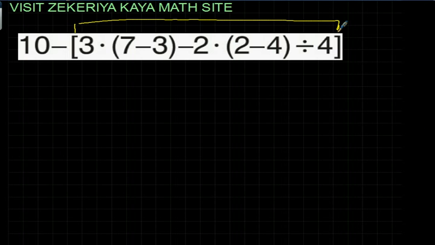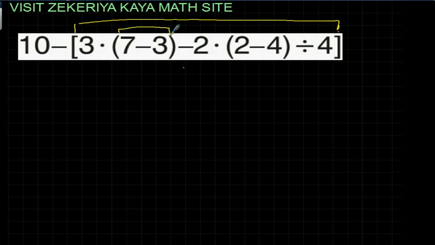That means I need to find a number in here. I must do the calculation and subtract it from 10. You understand? Now, inside of here, I must calculate. Let's continue to read. What I have here? 3 times 7 minus 3.